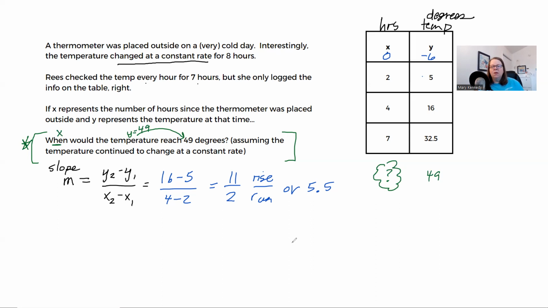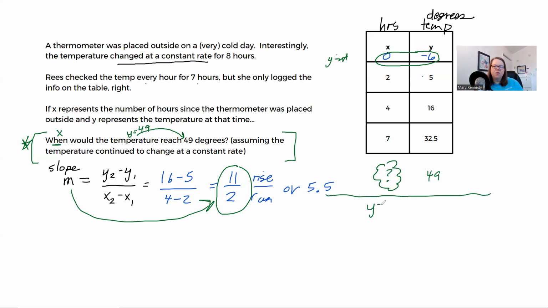Okay. Well, we've got a slope of 11/2, right? We have that. And we have something else really important that we figured out in the last video, the first question here. We figured out the y-intercept. All of that's going to work together in our favor. So here's what we're going to do.